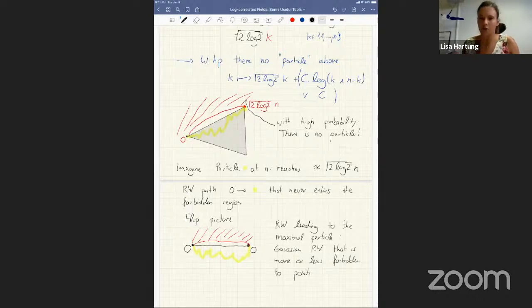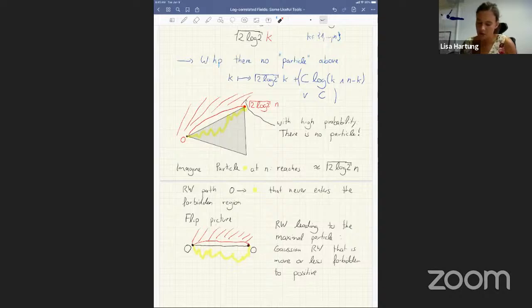Because this line that now connects 0 and 0 is just always 0. So essentially, this forbidden region is everything where it's positive. So what I see is, if there's this forbidden region, then the path of this maximal particle needs to look like a Gaussian random walk.